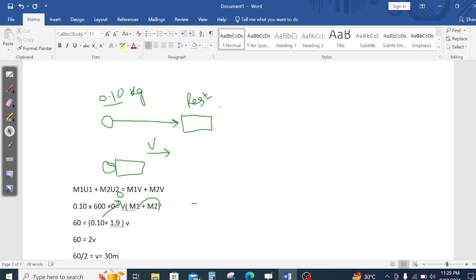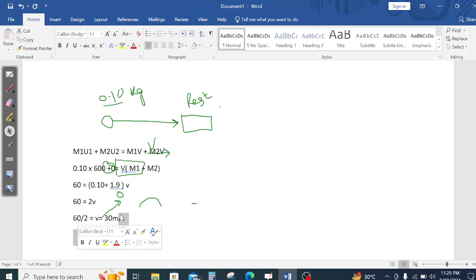It means when both are stuck together, they are moving with 30 meters per second speed.